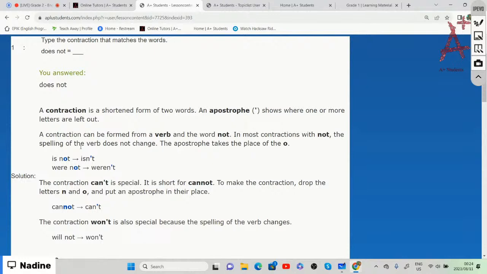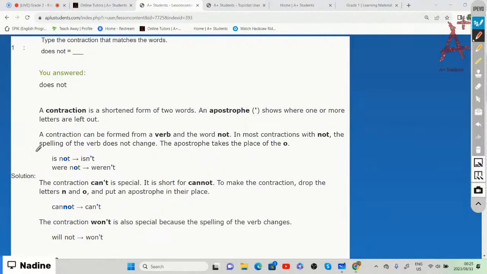The apostrophe just takes the place of the O. So if we put the words together and then put the apostrophe where we left out the O, for example, is not. The contraction of is not is isn't. As you can see, the apostrophe takes the place of the O that we left out.